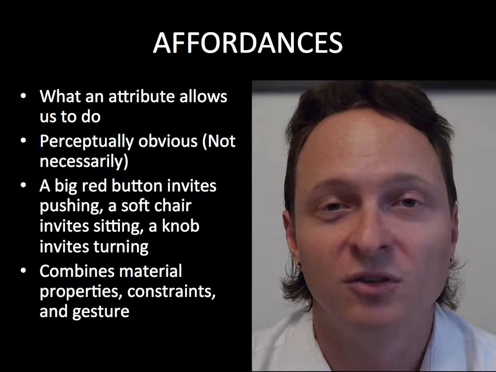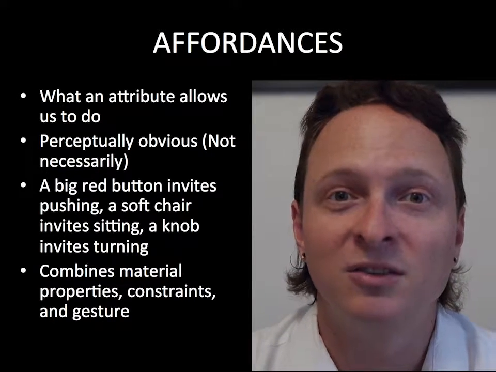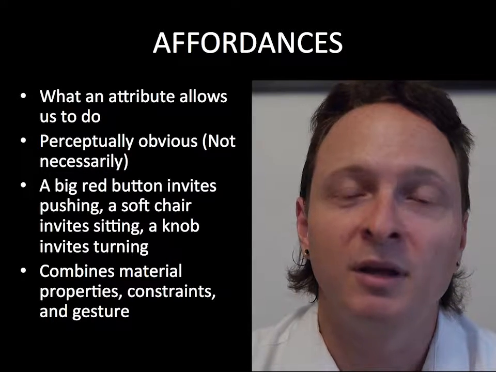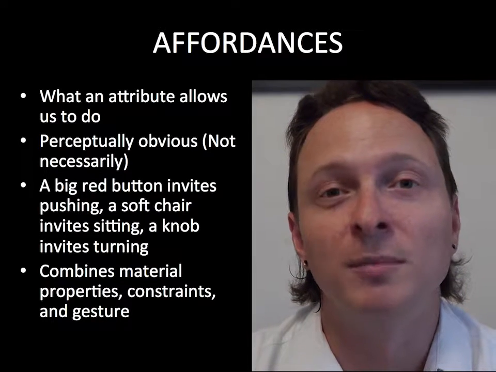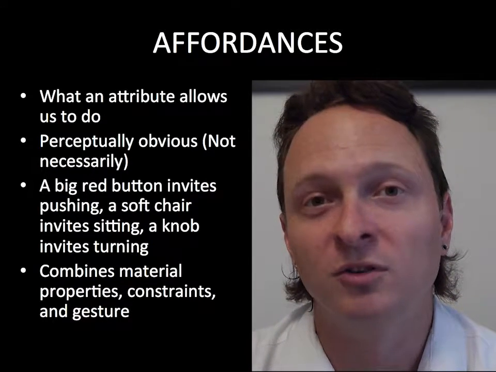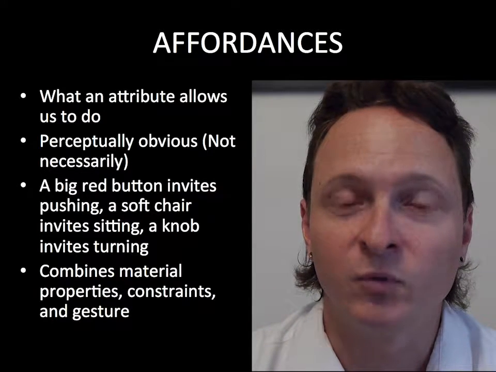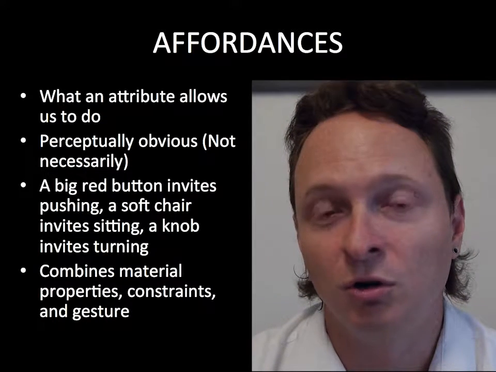So, for instance, a window affords seeing, but only in certain environments, given certain users, and given certain material properties of the window itself. If we're talking about a clear glass window, properties of that allow light to go through.